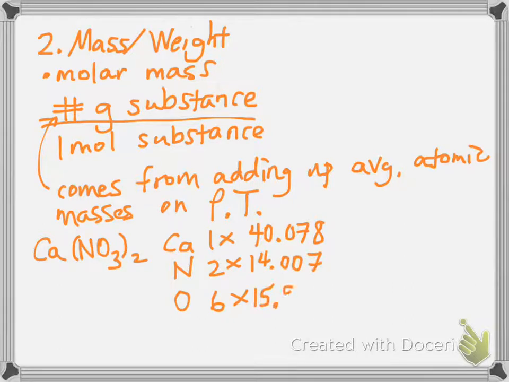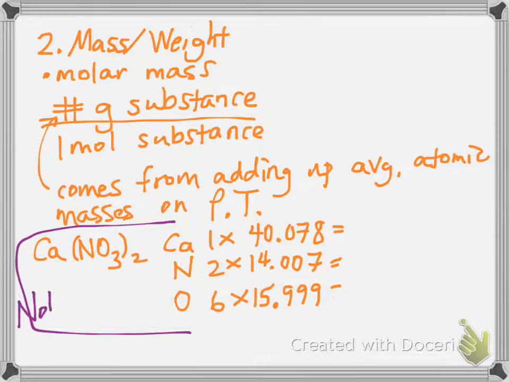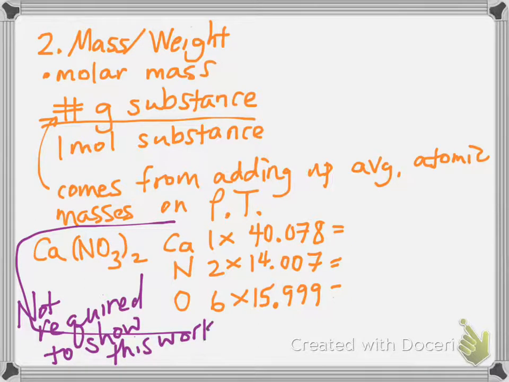Oxygen is 15.999. Everybody remember doing this? You're not required to show this work. I'm just showing it here to remind everyone how we get the numbers that we put in there when we're calculating molar masses.